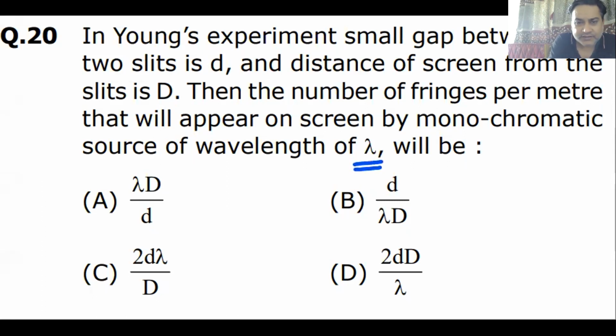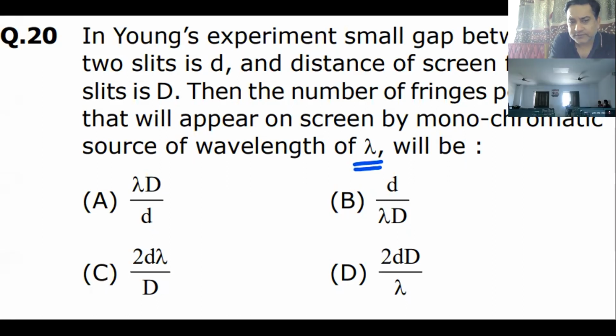Can you give me the answer to this one? What they're asking is how many fringes I will have in 1 meter. Can you apply some common sense and tell me what would be the answer? A, B, C, D, 1, 2, 3, 4. What would be the answer?